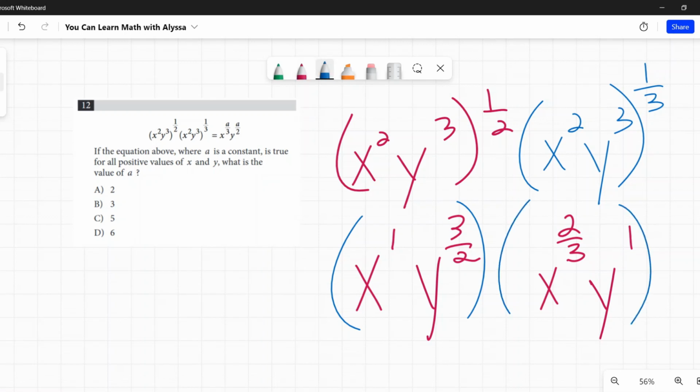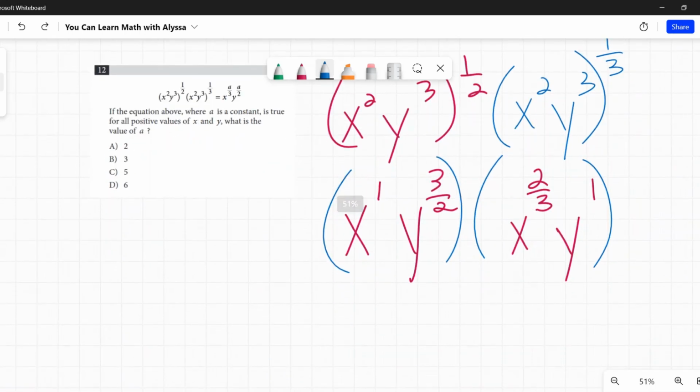All right, so now they're saying, once I have that, this equals x to some power times y to some power. So I know I need to multiply these together. Well, now it's not power to a power, it's just straight multiplication. It's x to the first times y to the 3 halves times x to the 2/3 times y to the power of 1.